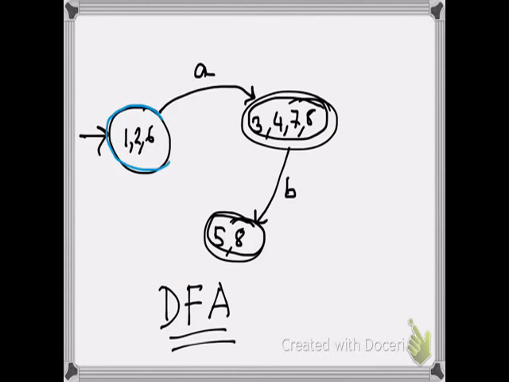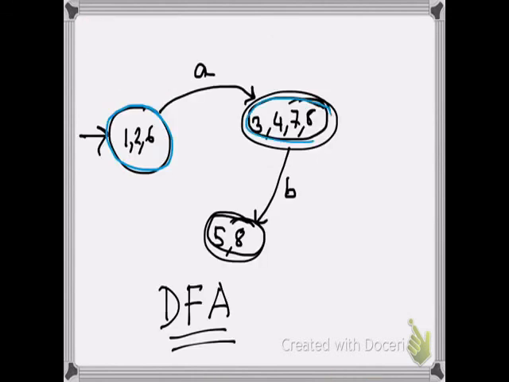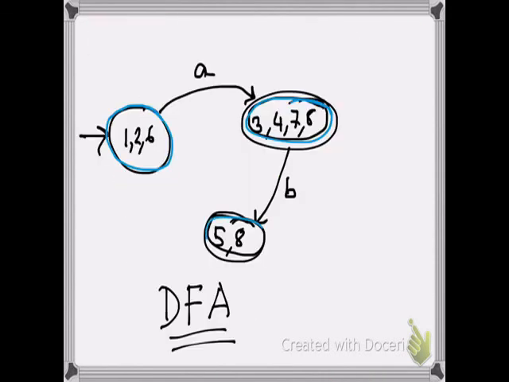This is the new start state. Then the next state is 3, 4, 7, 8. And we have the other state, that is 5, 8. So 3 states of our DFA.